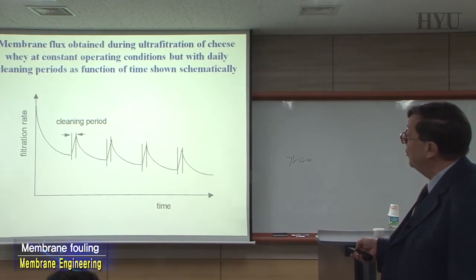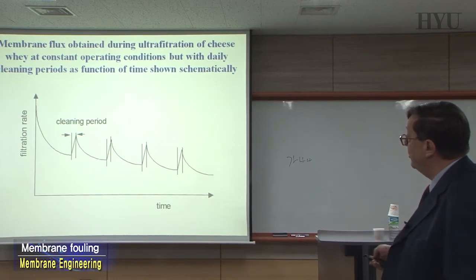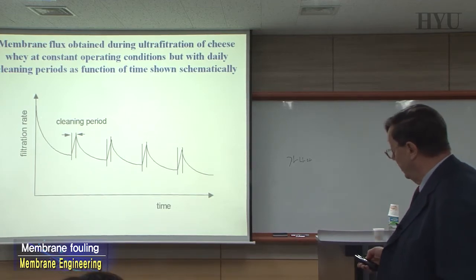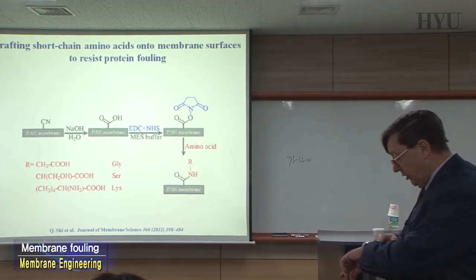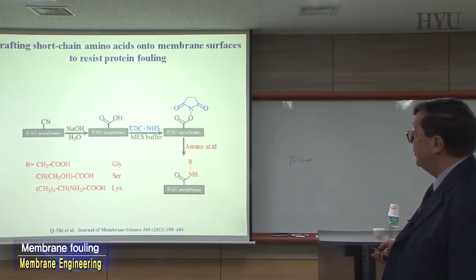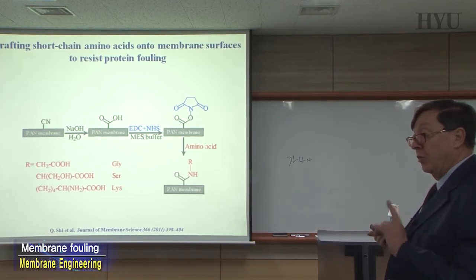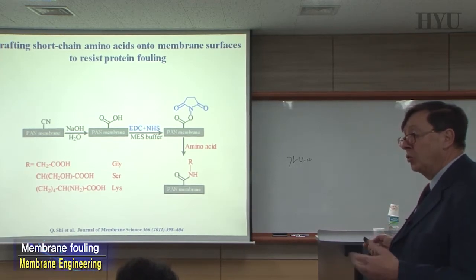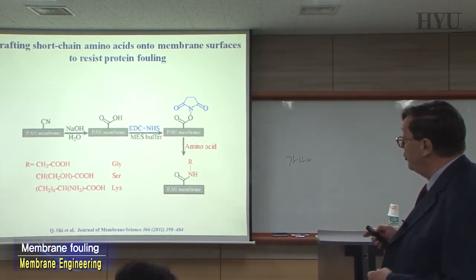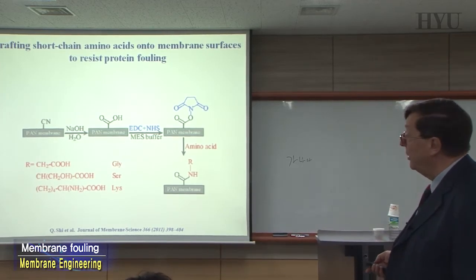And normally, you can have this kind of behavior. And that is just the standard. Instead of going down quickly, you can have a behavior of this kind. Just to mention that you can also minimize this kind of phenomena, as I mentioned before, by modifying the surface. We learned that most of the fouling is related to adsorption or to deposition, etc. Deposition we can solve by flow dynamics, basically.